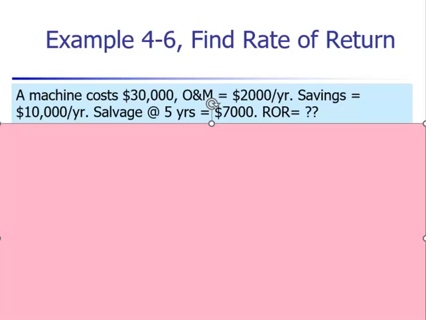In addition to that $30,000 at the beginning, it generates income or saves you $10,000, and you can sell the machine after 5 years for $7,000, less than 30% of the original value. What is the rate of return for this investment?